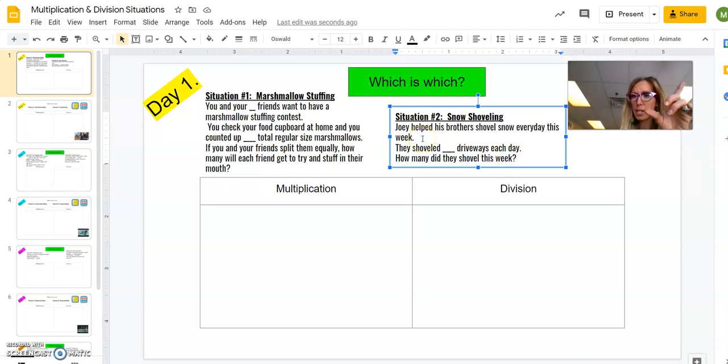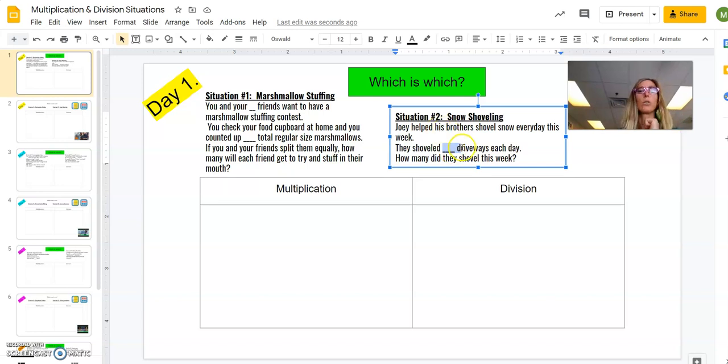Did they just shovel one day? No, they did it every day this week. Whoa, how many days are in a week? Do you know that? There's not just one. There's not just two. Sunday, Monday, Tuesday, Wednesday, Thursday, Friday, Saturday, and then it starts again. This many days. Yeah. Okay, so 7 days, and then they shoveled this many driveways each one of those days.